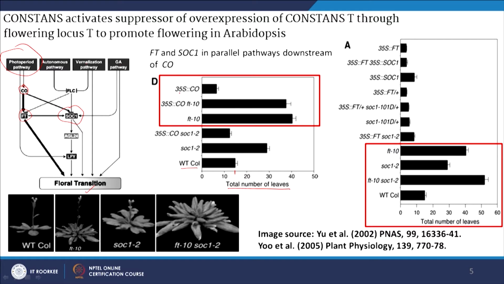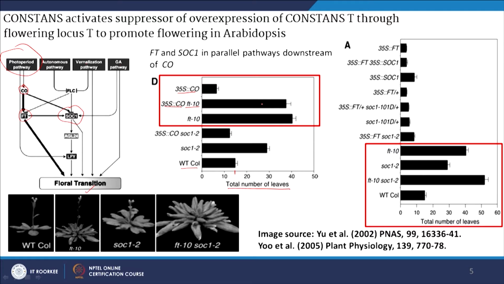But if you overexpress CONSTANS, if you increase the amount of CONSTANS, you can see there is early flowering. Even fewer than 10 leaves are made, and the plant has already undergone flowering. This tells us that both are activators of flowering. But what happens if you take CONSTANS overexpression in the FT mutant background?